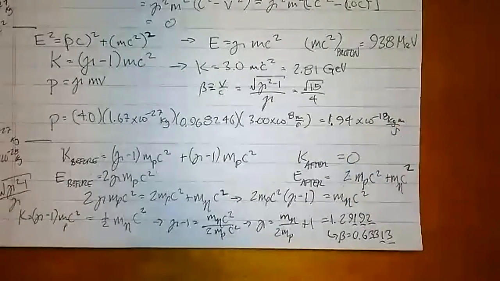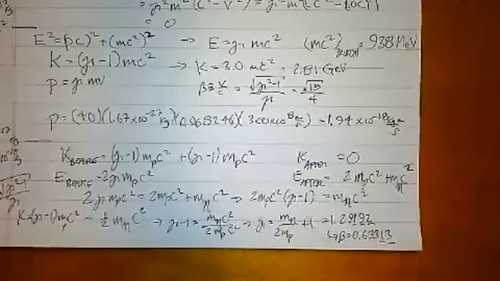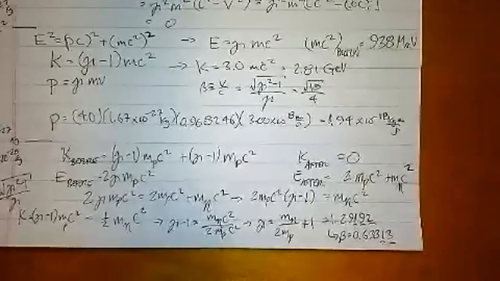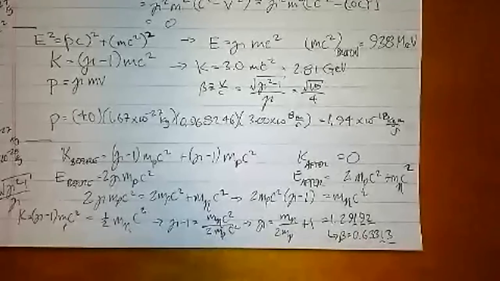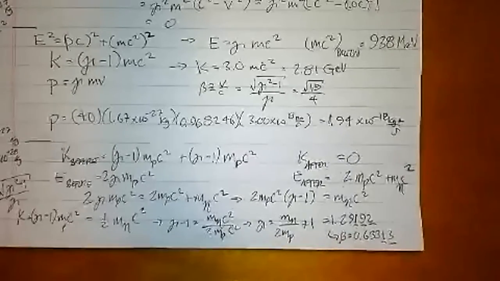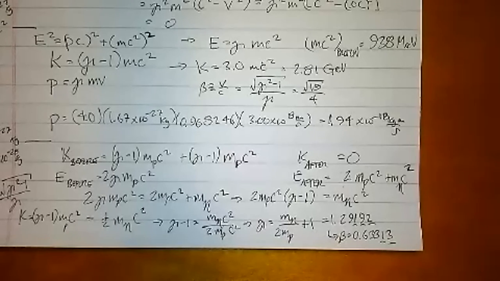I got like 0.633 times the speed of light for the velocity. Okay, I got 1.29 for the gamma.